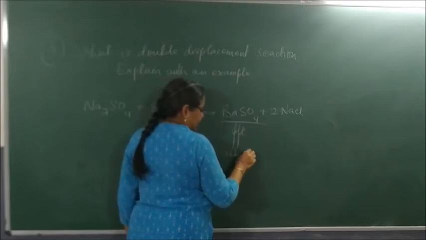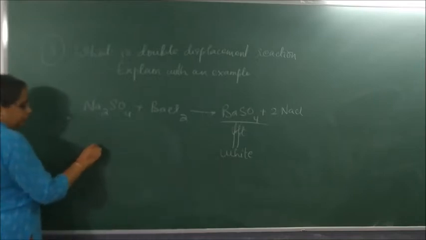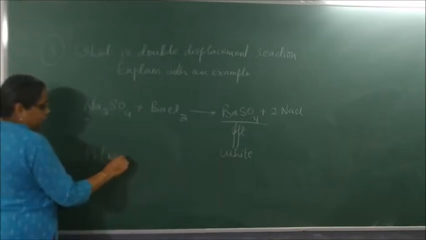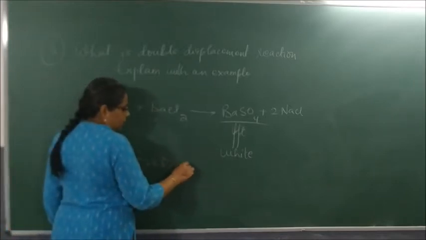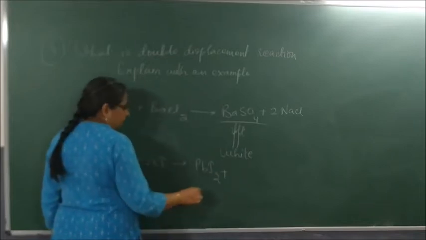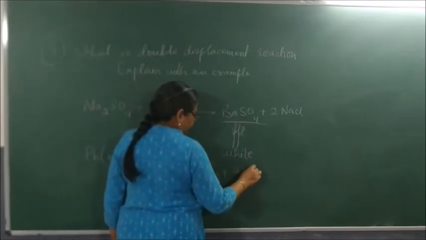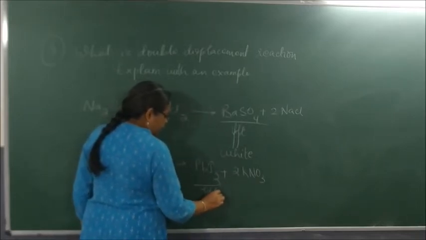If you do not remember this, then you have another example which is Pb(NO3)2 plus 2KI gives a yellow precipitate of PbI2 plus 2KNO3. This is a yellow precipitate.